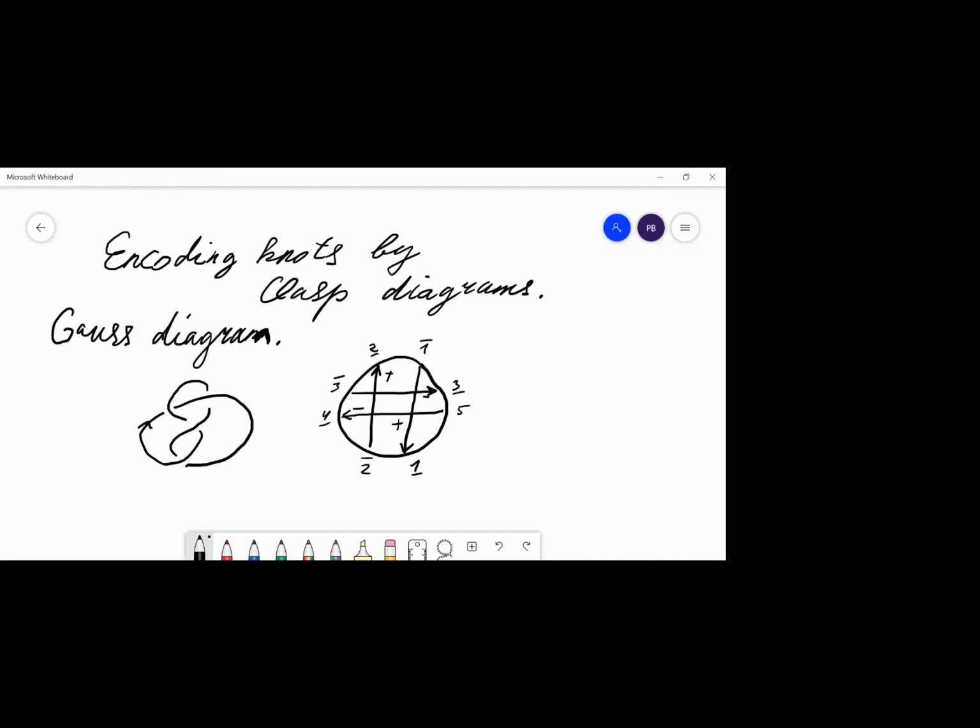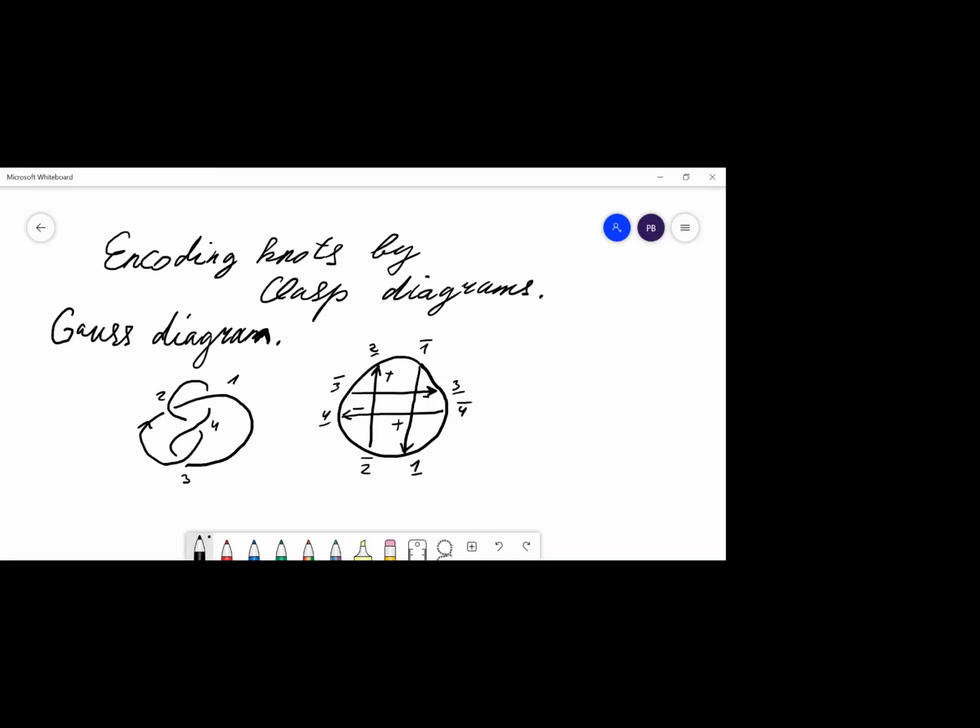I'm trying to avoid giving you a lot of definitions now, because those are really not in the focus of our talk. So a Gauss diagram is a way to represent a node as an oriented circle with some chords, and these chords are arrows, and they have signs.